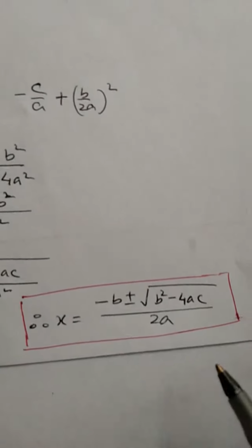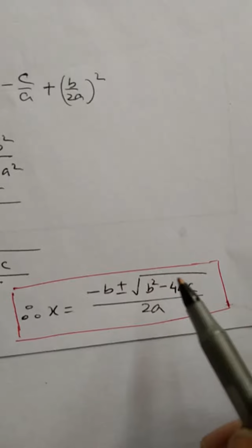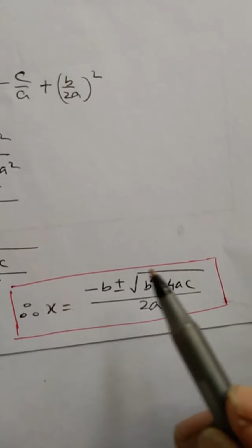Now here we can see in each equation we will get this part, b square minus 4ac, under the square root.